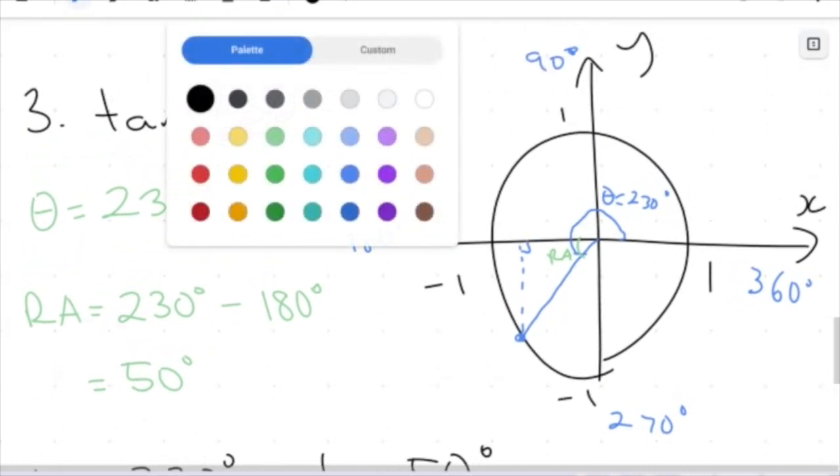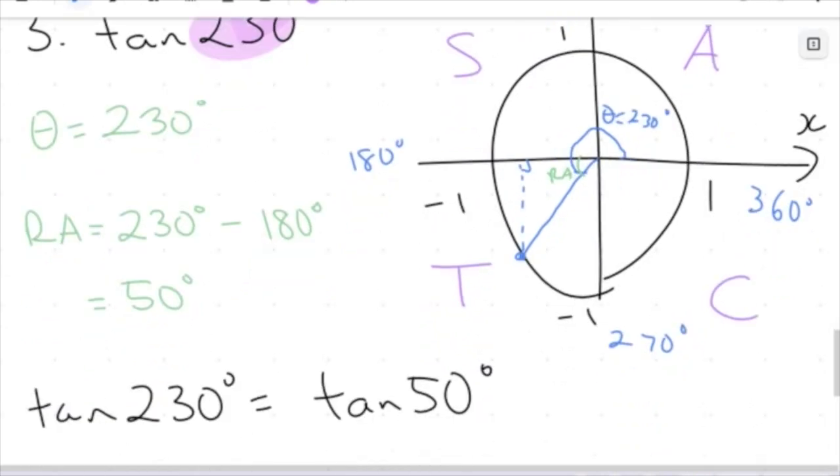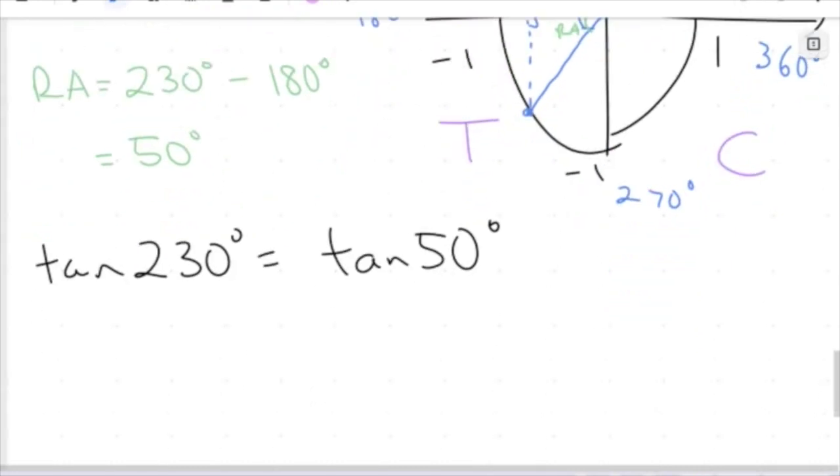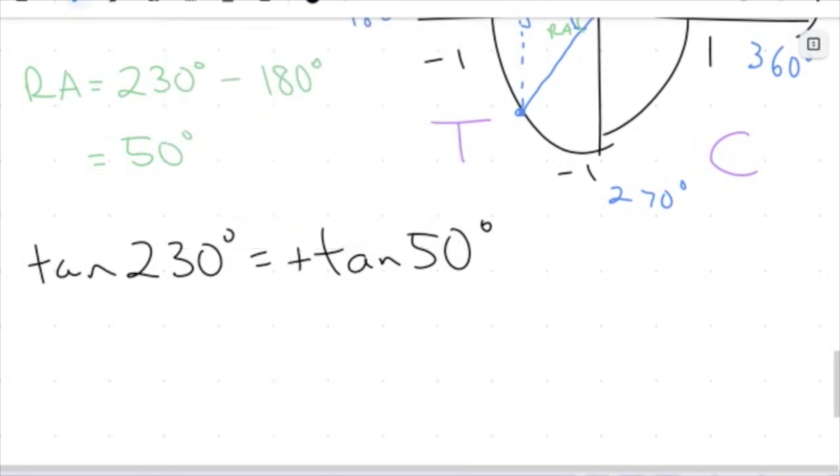And once again, just checking, I know that I have all positive in first quadrant, sine positive in second, tan in the third, cos is positive in the fourth. We are in my third quadrant in which tan is positive. So the sign here, I can just leave it like this, or I can do a plus tan of 50 degrees.